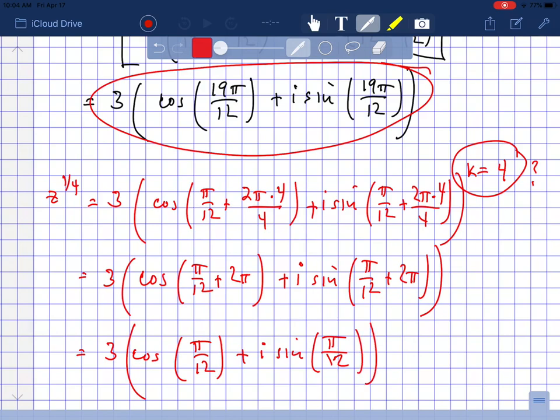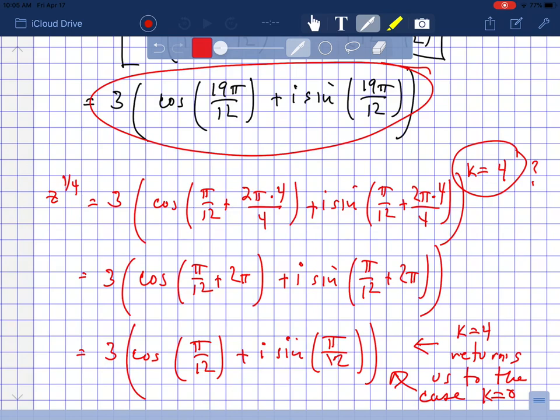So this gets us back to the complex number that represented the fourth root of z when k was equal to 0. So k equal 4 returns us to the case k equals 0. Okay, so now things start to repeat.